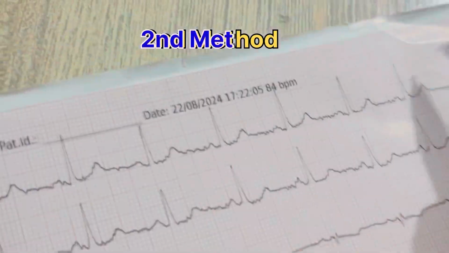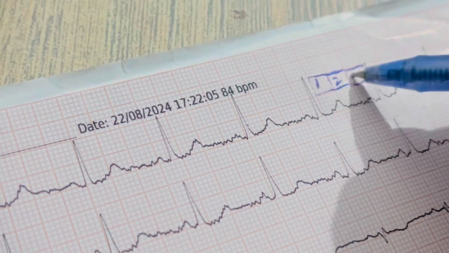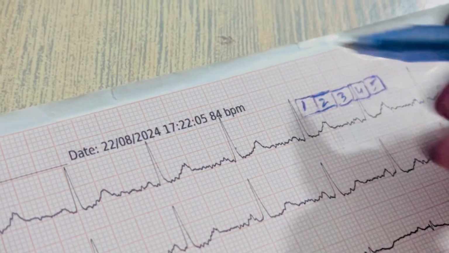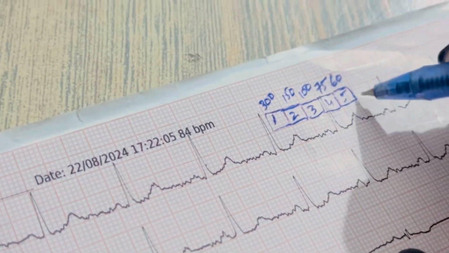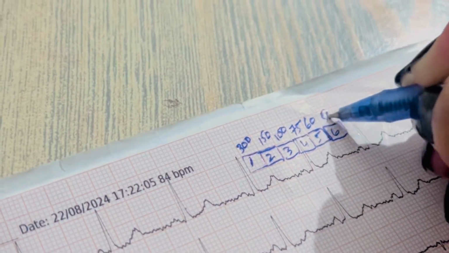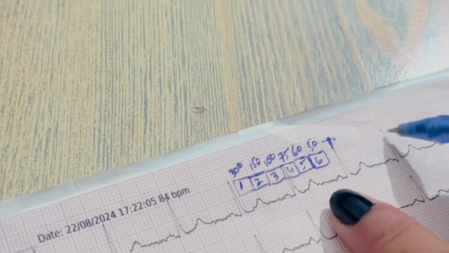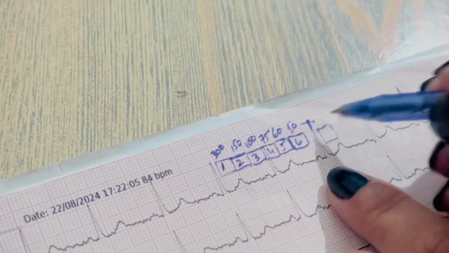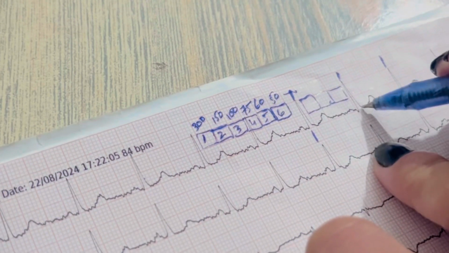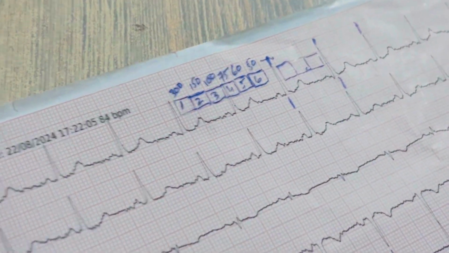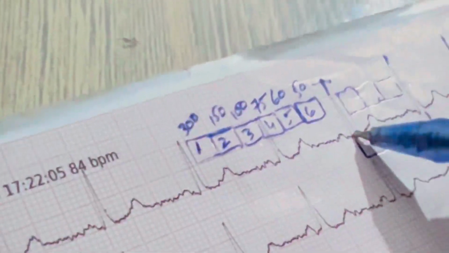Guys, we have another method for calculating the heart rate called the quick reference method, and it's also for regular rhythm. Here each large box on ECG paper represents different numbers. For instance, if there is one large box between two peaks, the rate is 300 beats per minute, 2 boxes equal 150 beats per minute, 3 boxes represent 100 beats per minute, 4 boxes equal 75 beats per minute, and so on.